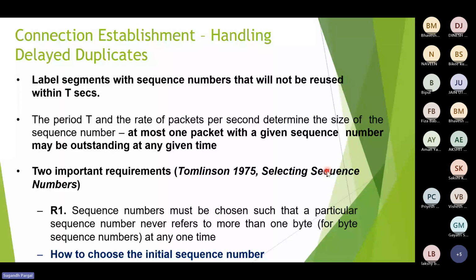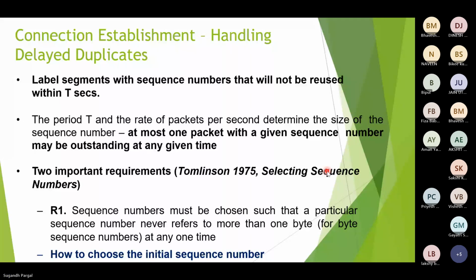So connection establishment is about how to handle delayed duplicates. We label segments with a sequence number, that is, a unique identifier that will not be reused within t seconds. So we give the unique identifier and also set a timer along with that particular request. The period t and the rate of packets per second that need to be sent determine the size of the sequence number.